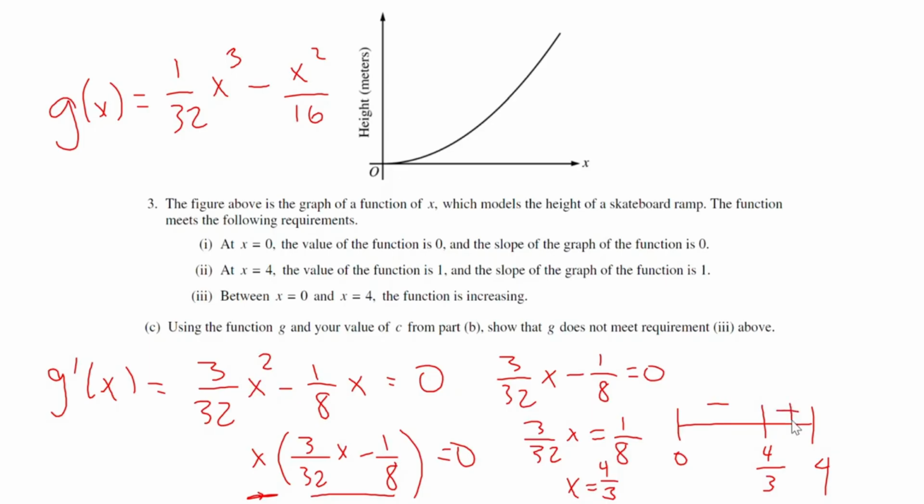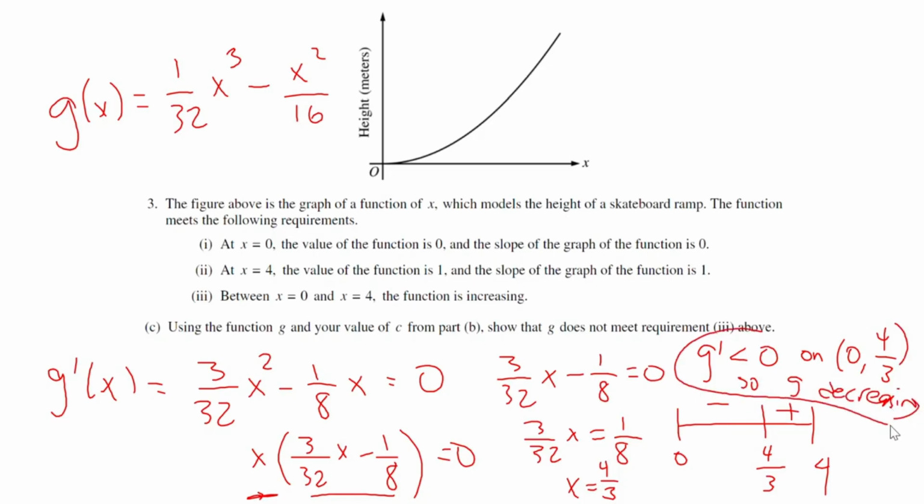But we can see that g prime is less than 0 on 0 to 4/3, so g is decreasing. And so we know that g is decreasing for a portion of this, and therefore it must not be increasing for all of 0 to 4. So you got 1 point for the expression for g prime and 1 point for showing that it was 0 on that interval from 0 to 4/3.